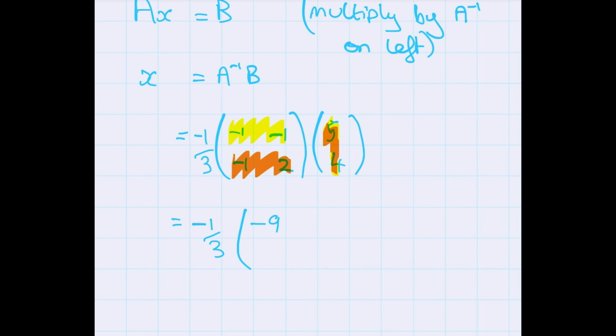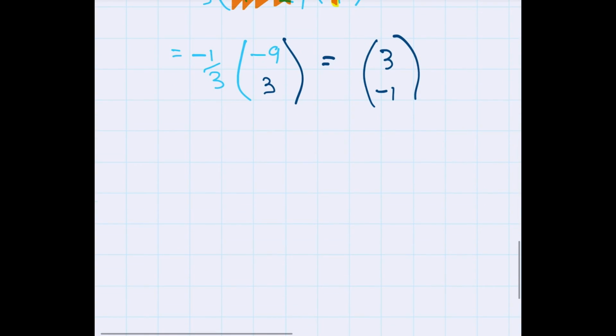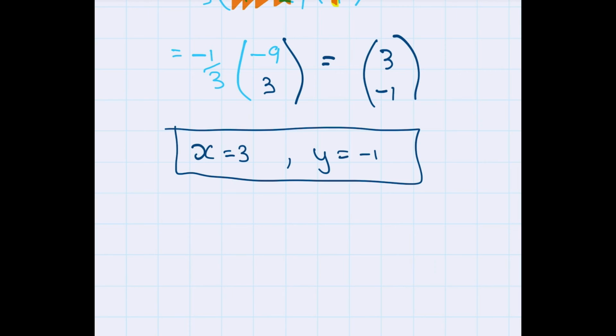So we're going to get minus 1 times 5 is minus 5 plus 2 times 4 is going to be minus 5 plus 8, which is 3. And simplifying this, we get minus a third of minus 9 is just 3, and minus 1. So in other words, x equals 3, y equals minus 1. And that is our solution.